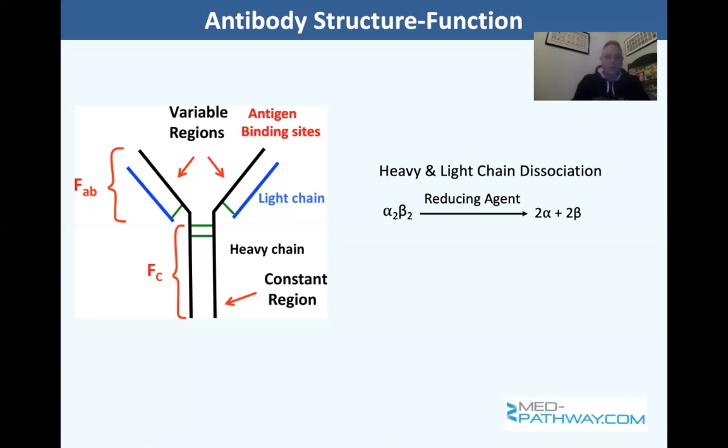But the important thing is that the FC contains the constant region, okay? So you have variable region, constant region. The variable region here contains the antigen binding sites. Notice that each antibody has 2 antigen binding sites. And what you can do is you can actually reduce these disulfide linkages with agents such as dithiothreitol or beta-mercaptoethanol and dissociate the antibody into its constituent chains.